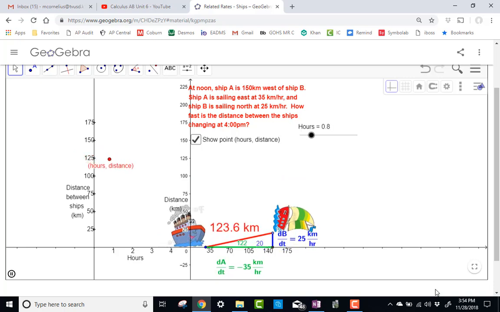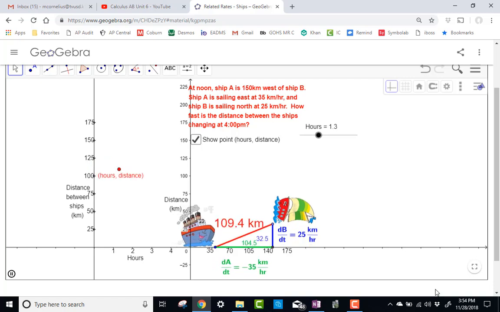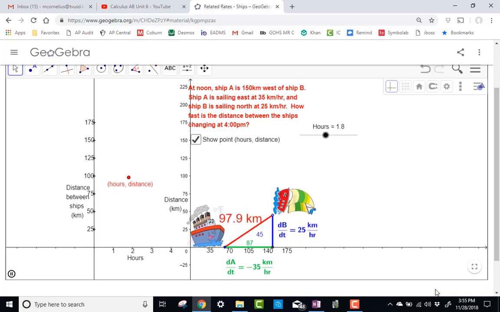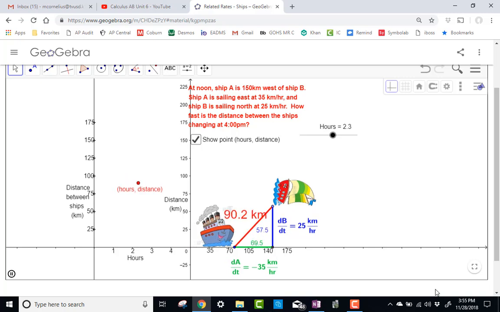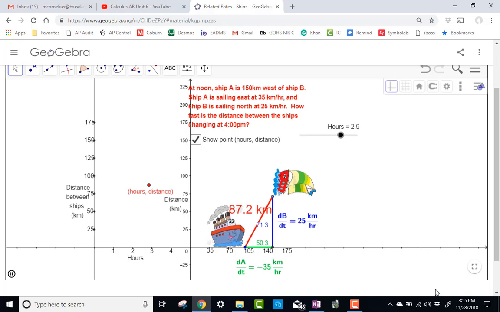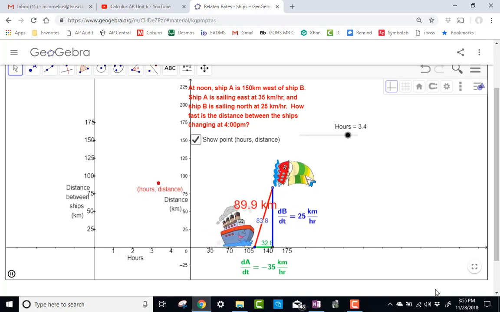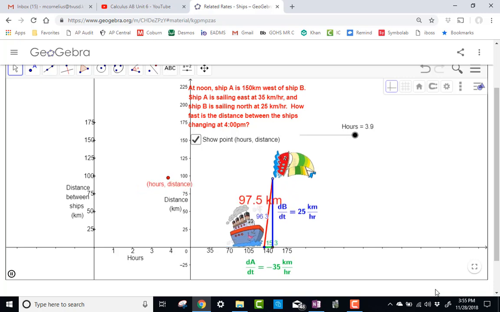So the distance is decreasing between the ships as the time goes by, and then all of a sudden, when they get to a certain point, even though ship A is getting closer to the point where they started, ship B is getting further away. So watch the point on the left side here. It starts to go back up. So as time is increasing, my distance starts to increase again.